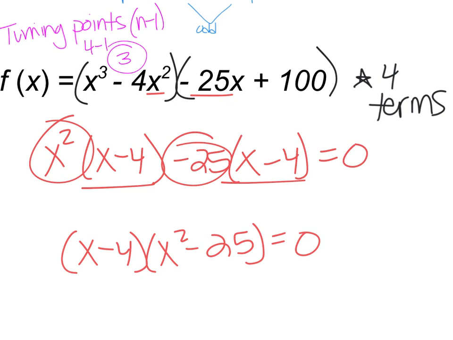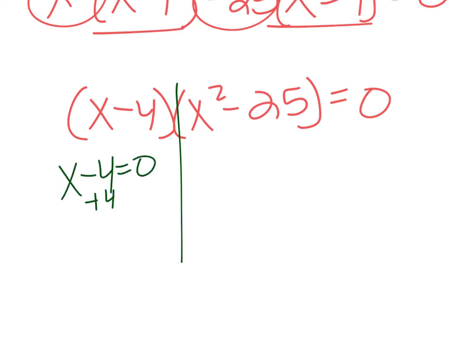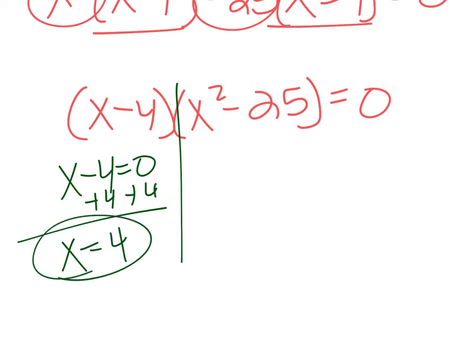So in this case, we started with an x to the third power. So there's 3 possible zeros. There's 2 possible turning points. So if we set each piece here equal to 0, x equals 4 is a 0 with the multiplicity of 1. There's only one of them there. And then x squared minus 25 equals 0.